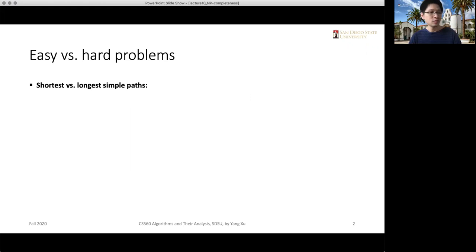Imagine that you're using a map and you want to find the distance or traveling time between your current location and your destination. It's quite common that you want to find the shortest path, but it's not that common to want the longest path between your location and the destination.